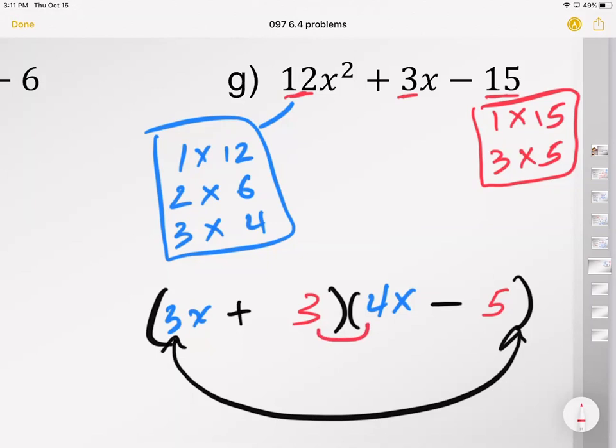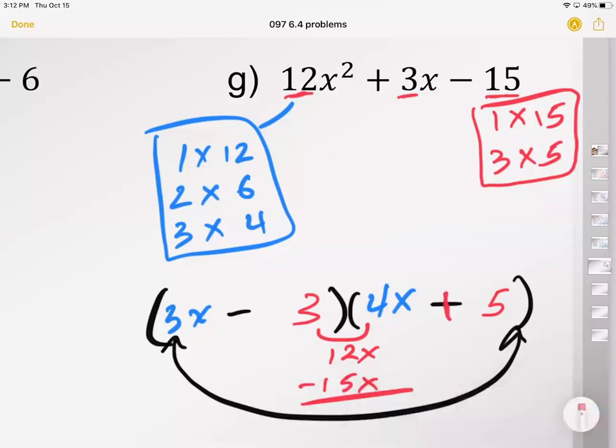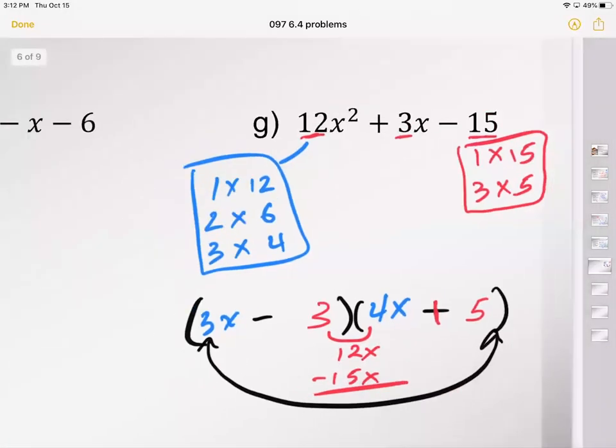But this is 12 and this is negative 15, and if you subtract them, you have negative 3. So we know it's wrong. To make it right, we have to change this to a positive and this to a negative.